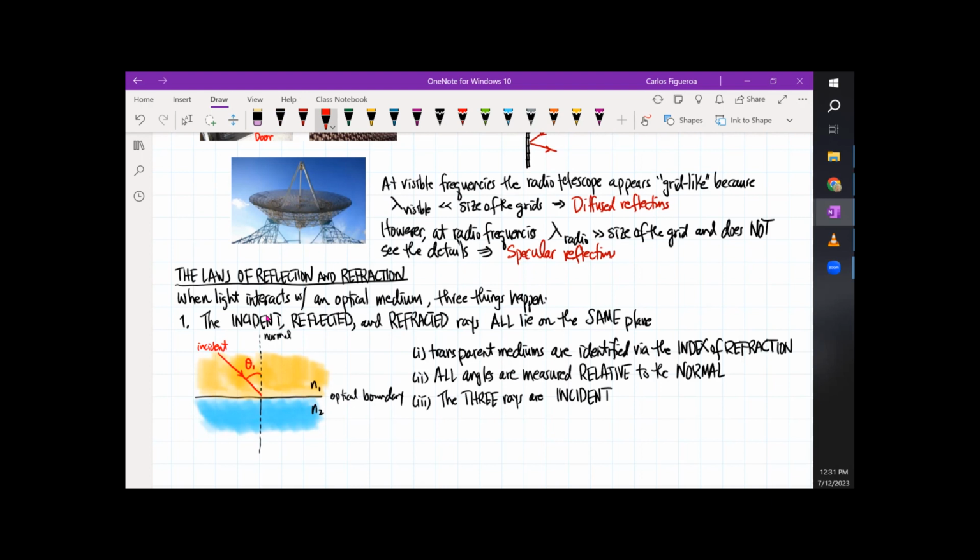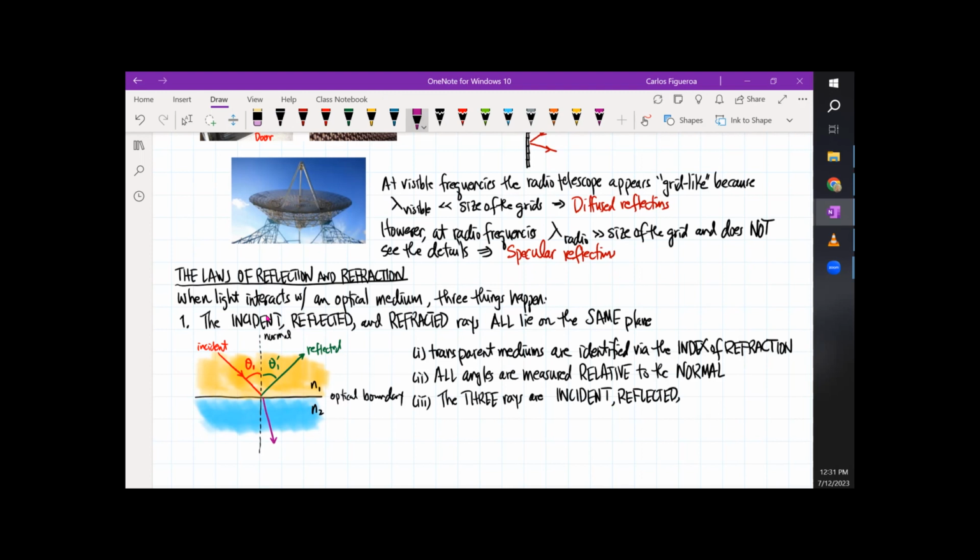Now, this incident ray does two things. One, it reflects. This is the reflected, and I'm going to call this angle theta 1 prime. So now we have a reflection. And then finally, we have a second ray that it refracts.